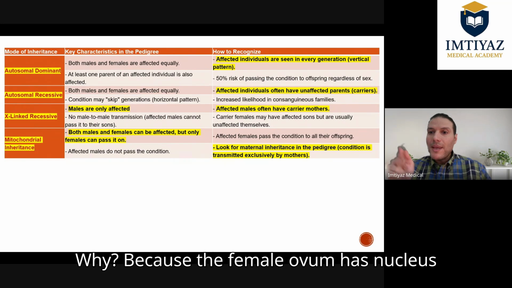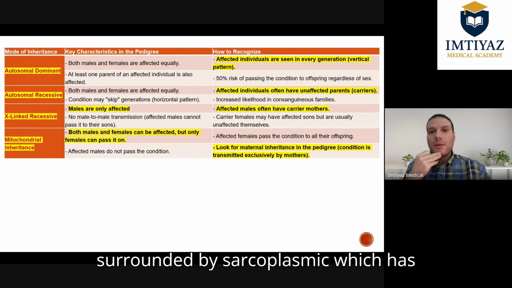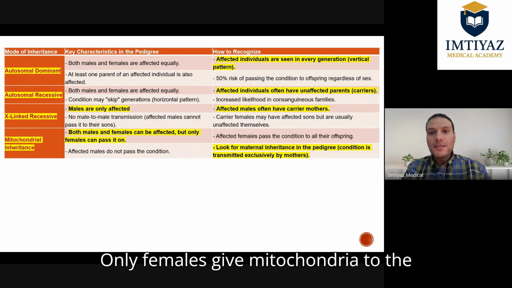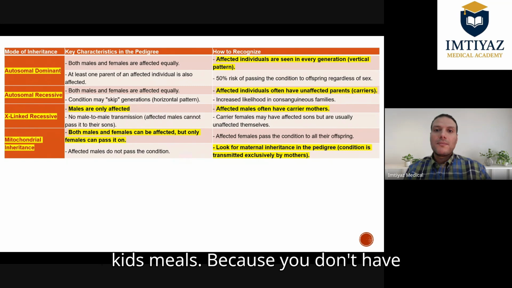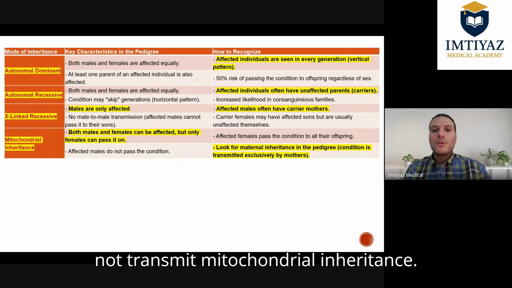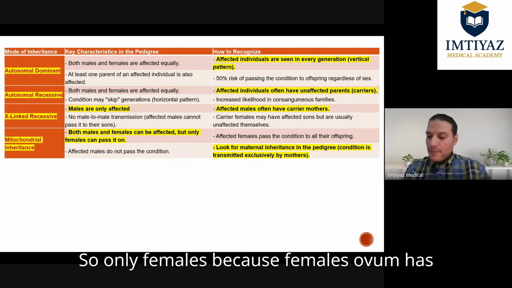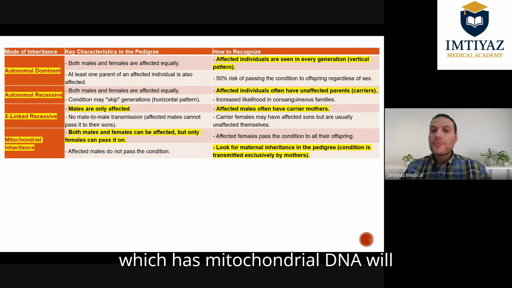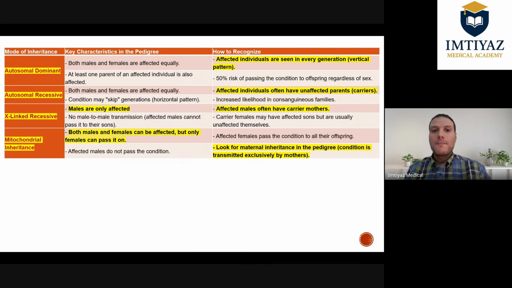Why? Because the female ovum has a nucleus surrounded by cytoplasm, which has mitochondria. That means only females give mitochondria to the kids. Males, because they don't have cytoplasm in the sperms, will not transmit mitochondrial inheritance. So only females, because the ovum has cytoplasm with mitochondrial DNA, will transmit the condition.